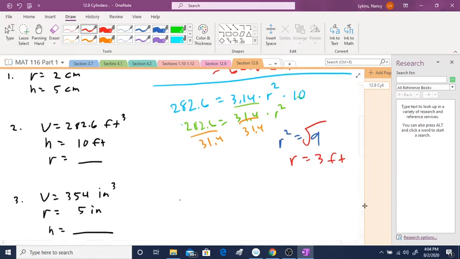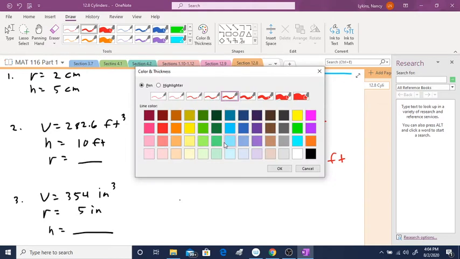Now, what if I give you the volume and the radius, and you're trying to find the height? Well, it's the same setup.